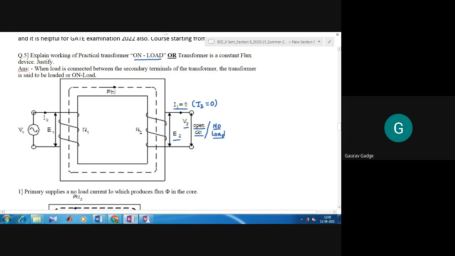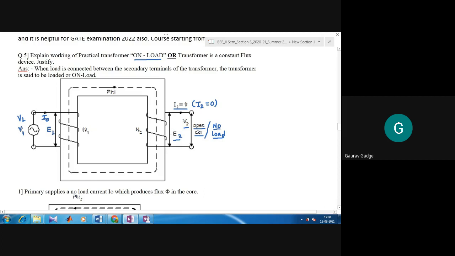Supply voltage is given on the primary side. That supply voltage is V1. So when this supply voltage V1 is applied to the primary side, the current under no load condition is I0. That induces EMF E1 on primary due to the flux and E2 on secondary.